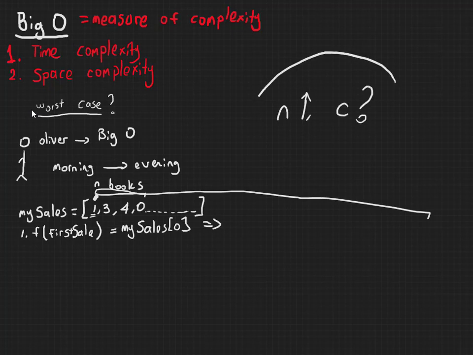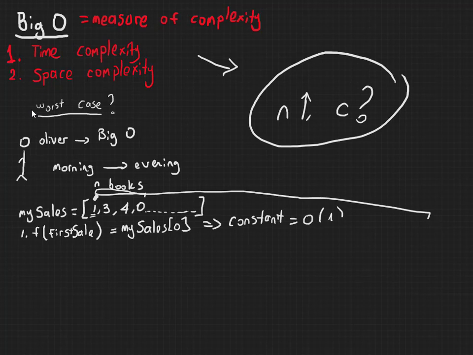That's the one big question big O answers. That's all we are doing, right? So since it won't change how much time I spend, what do I call this? I call this a constant time operation, which in big O terms, how do we write this? O sub 1.